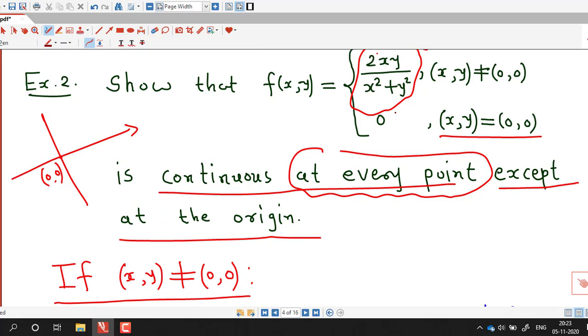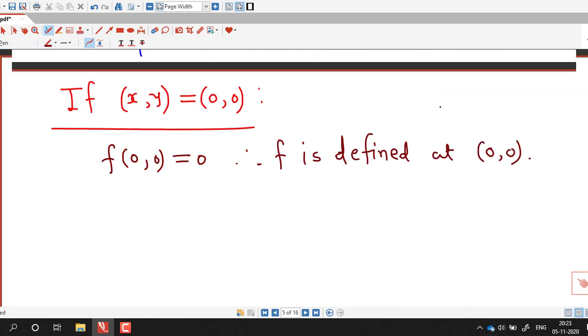So we try along different paths. We start with y equal to mx.